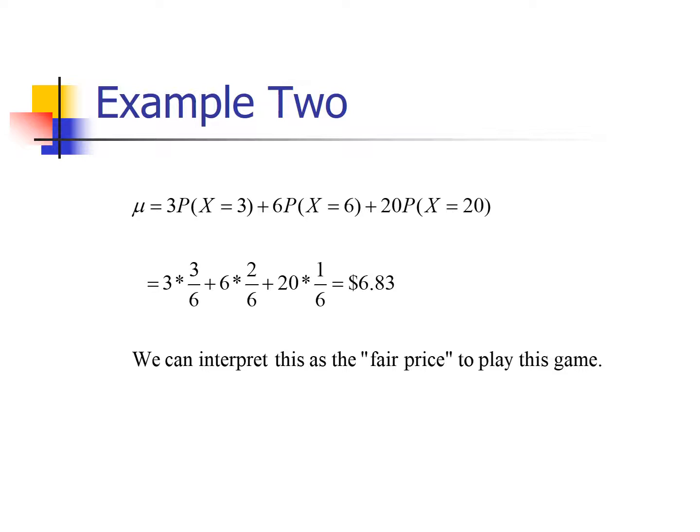If I charge more than $6.83 and we play long enough, I'm virtually guaranteed to make money off you. If we charge exactly $6.83, then we could play this game to our heart's content, and at the end of the day we would expect to break even. We would expect to walk away still friends with one another.